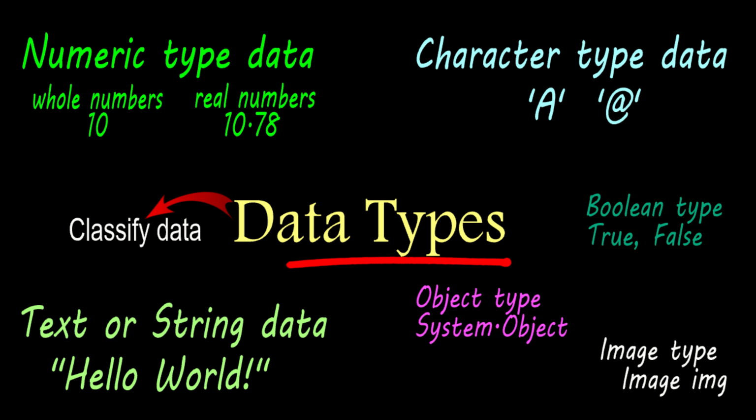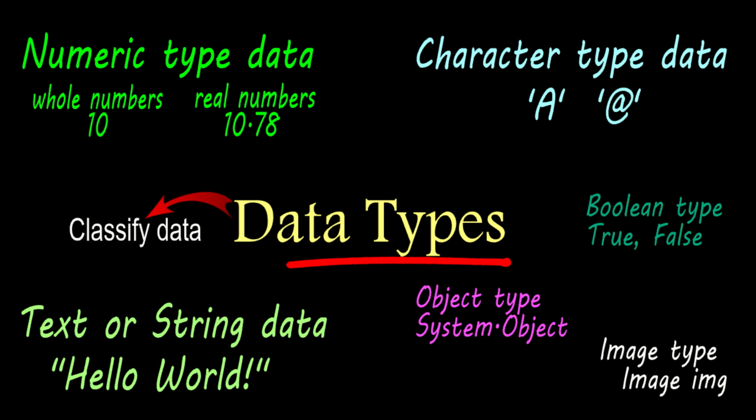In programming, data types are used to classify data before it is sent to the computer for processing, because programming is a way to communicate with the computer, and when you communicate with the computer via programming, you tell the computer exactly this is the type of data I'm sending to you. Process it and send me back the result. So data types are only for classification of data in programming.